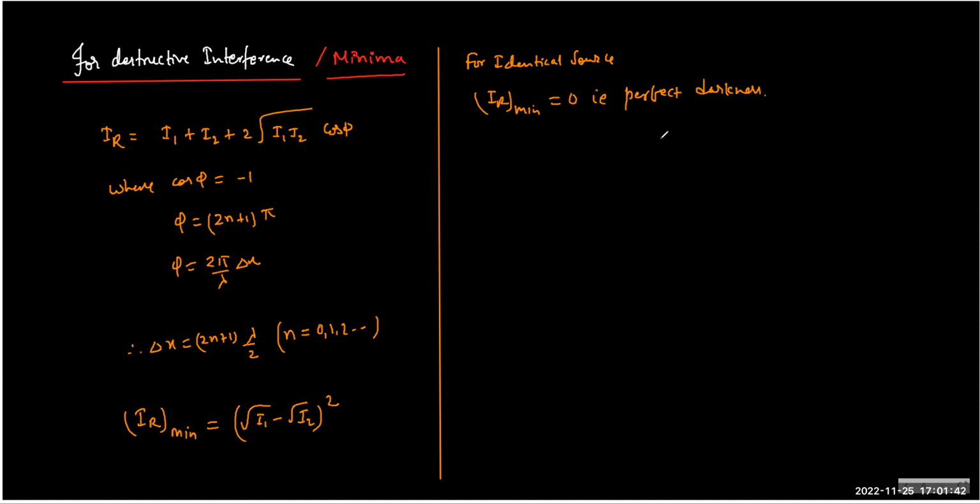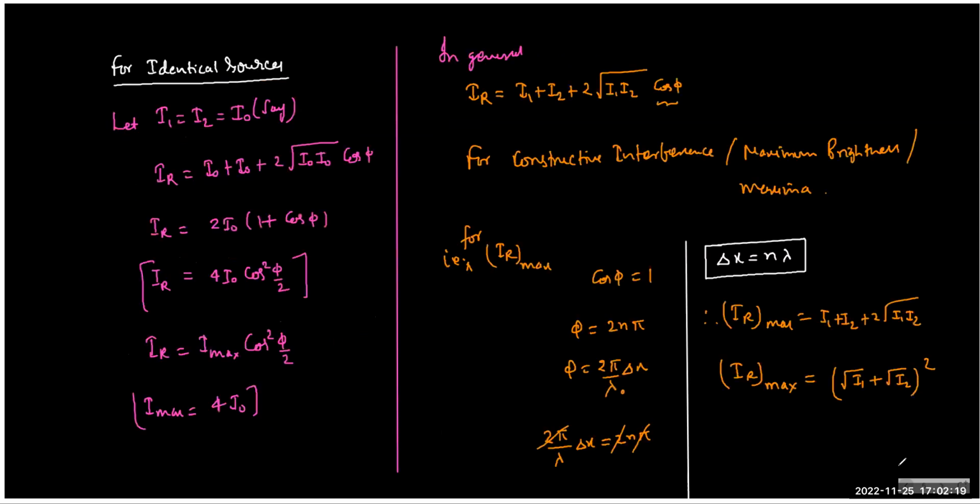For non-identical sources, we have dim light, but not 0. But for identical sources, it will become perfectly dark. So the region of bright and the region of dark will be separated, and this separation of two consecutive bright or two consecutive dark fringes we call fringe width. We'll come to that. So we got the intensity relation, right? Yes, sir.